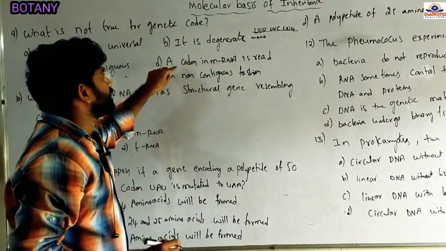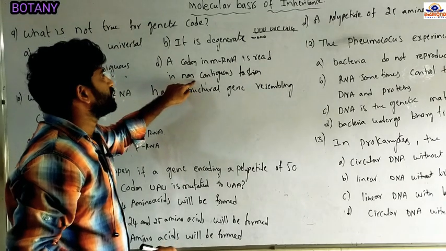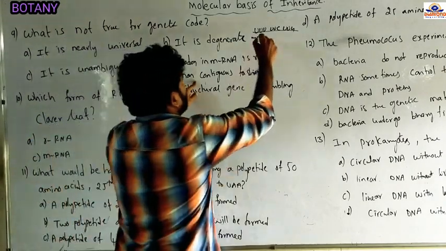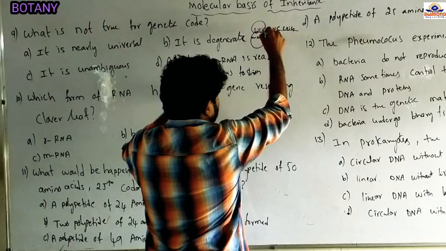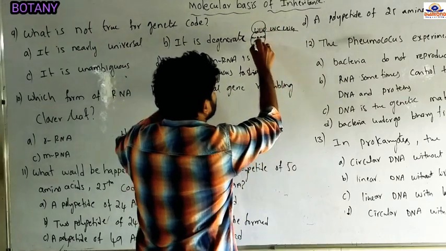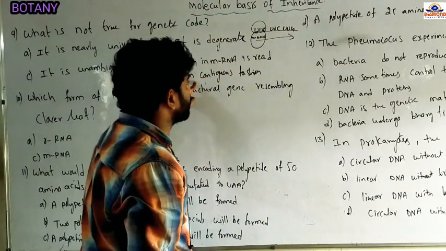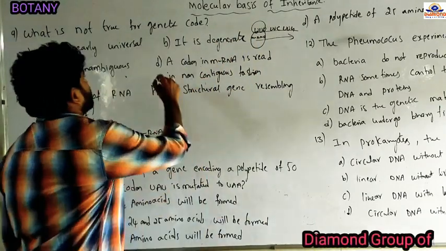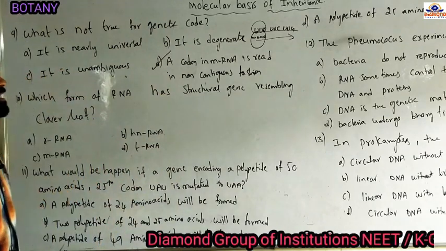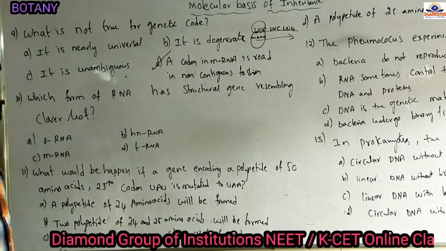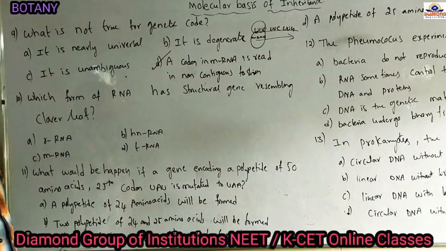At the time of reading or translation, the ribosomal complex moves in the 5' to 3' direction in a contiguous fashion on the mRNA. So the statement that a codon in mRNA is read in a non-contiguous fashion is incorrect. It should be read in a contiguous fashion.